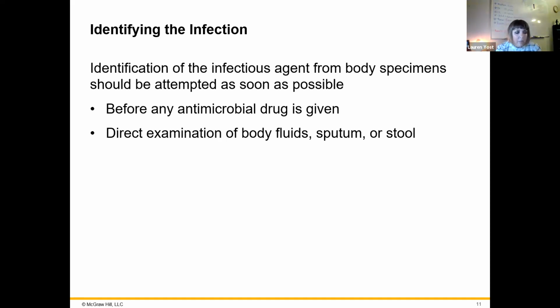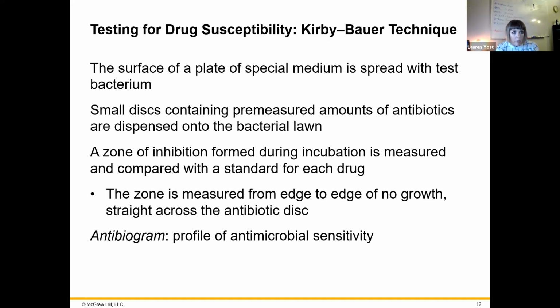Direct examination of body fluids, sputum, or stool is a useful means of determining what the organism is as well. So we can use the Kirby-Bauer technique. We learned about this in lab, right? You plate your lawn of bacteria, you pop some antibiotic discs on there at certain concentrations, and then you see the effectiveness after you grow it for 24 hours or so, to determine how susceptible your microorganism is to each antibiotic at each concentration.